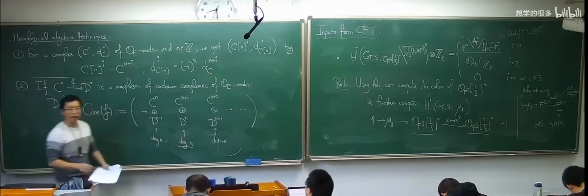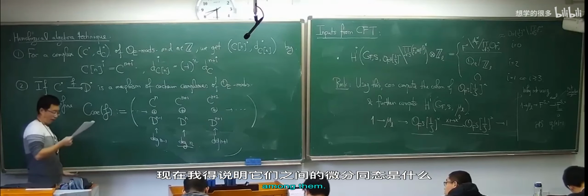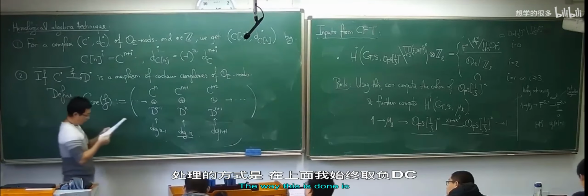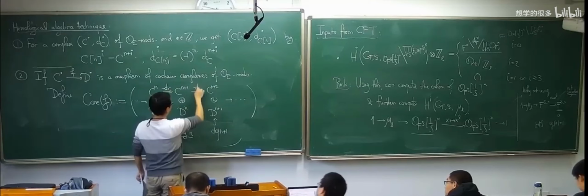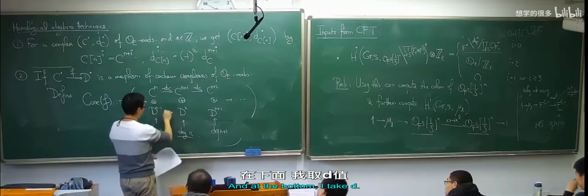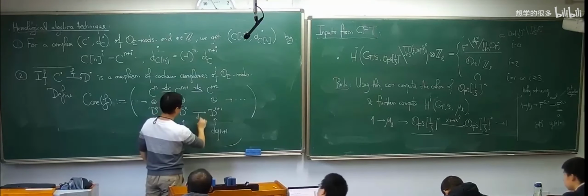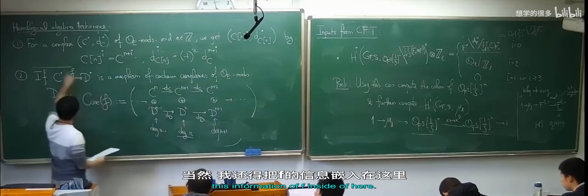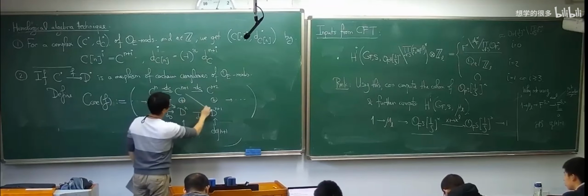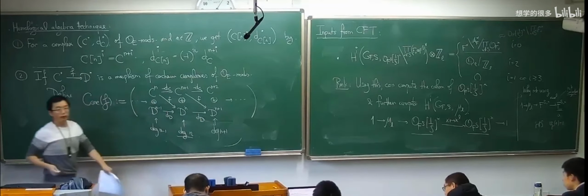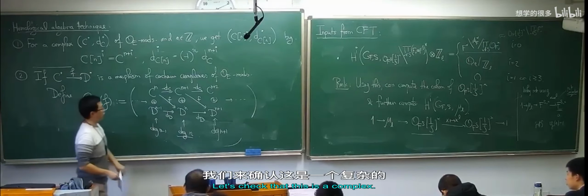Now I have to specify what the differential morphisms among them are. The way this is done is that on the top, I always take minus dC, and at the bottom, I take dD. And of course, I have to encode the information of f inside here, so I take f here. Let's check that this is a complex.